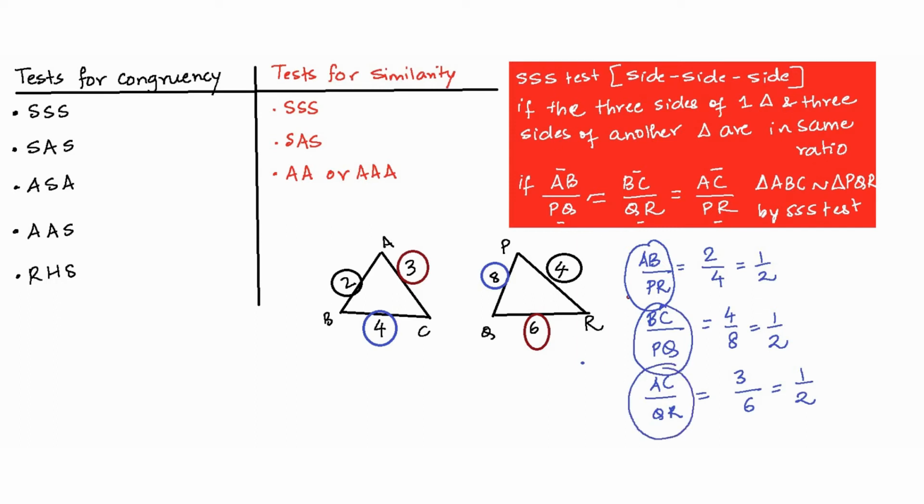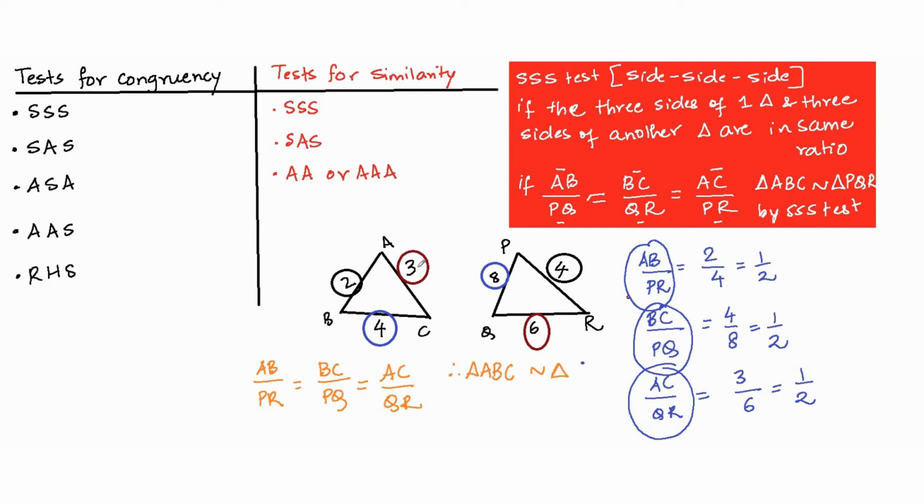So therefore all the three ratios are equal, which means AB upon PR is equal to BC upon PQ, which is equal to AC upon QR, right? All the three ratios are equal to half, and therefore I can say that triangle ABC is similar to triangle. Now let's see the corresponding points.